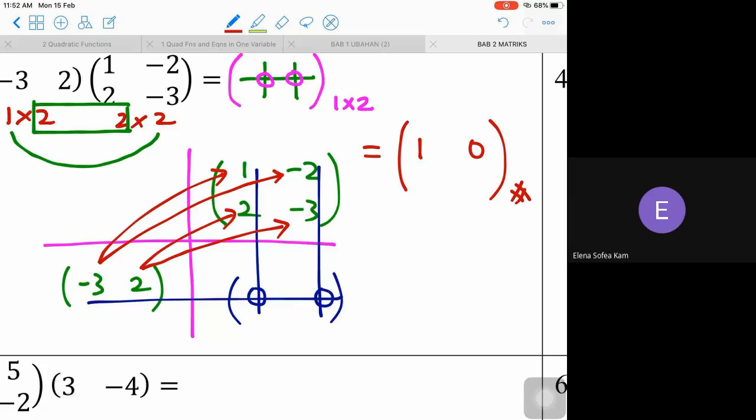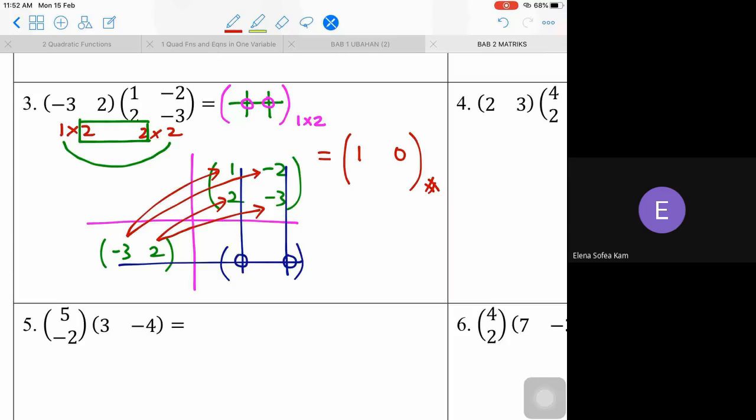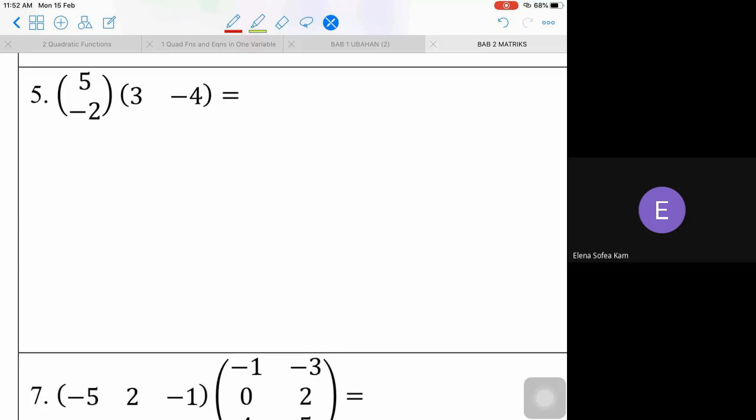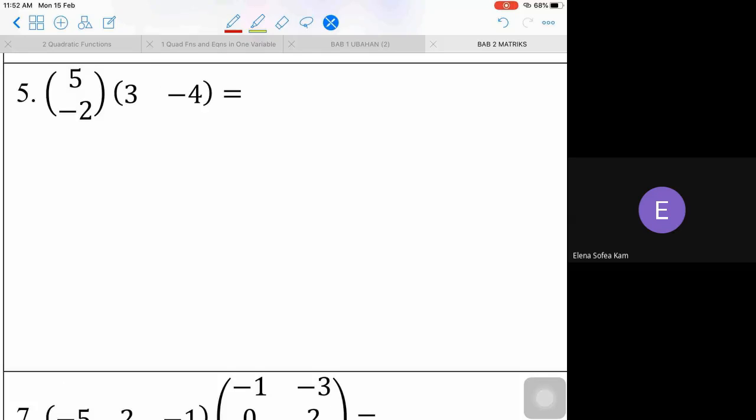Okay, next. Question 4 is something like question 3. So we go to question 5. So this is your exercise today. Questions number 5. We look at the first matrix: 2 rows, 1 column.